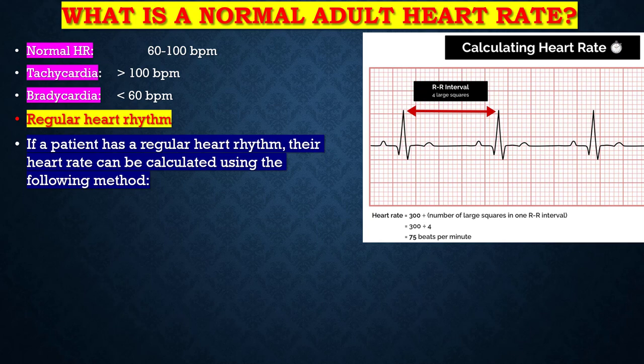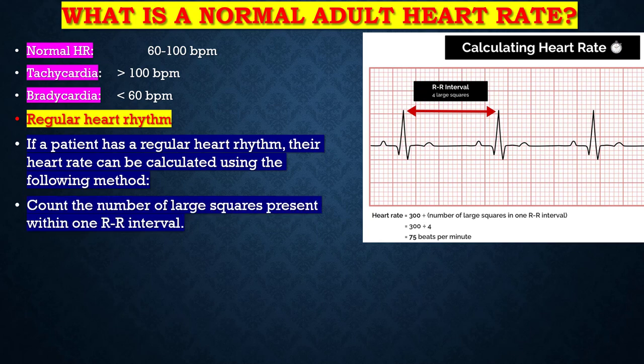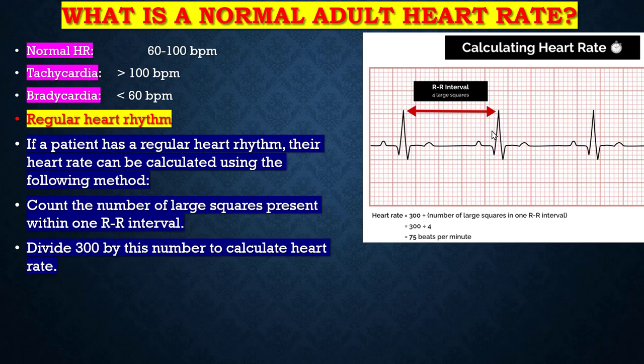Regular heart rhythm. If a patient has a regular heart rhythm, their heart rate can be calculated by the following method. Count the number of large squares present within one RR interval. This is an R wave and another R wave, and these are the big squares present between the two R waves. So count the big squares between the two R waves.